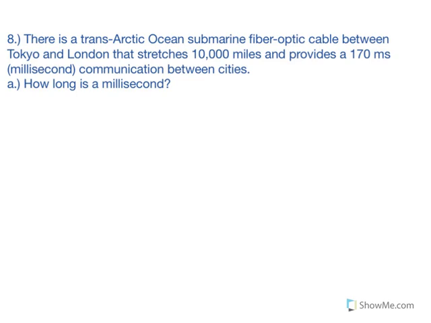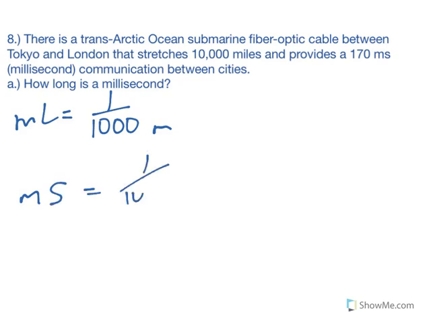Well, if you think of a meter and a millimeter is 1/1000th of a meter, right? So if a millimeter is 1/1000th of a meter, then a millisecond would be 1/1000th of a second. Does that make sense to you?